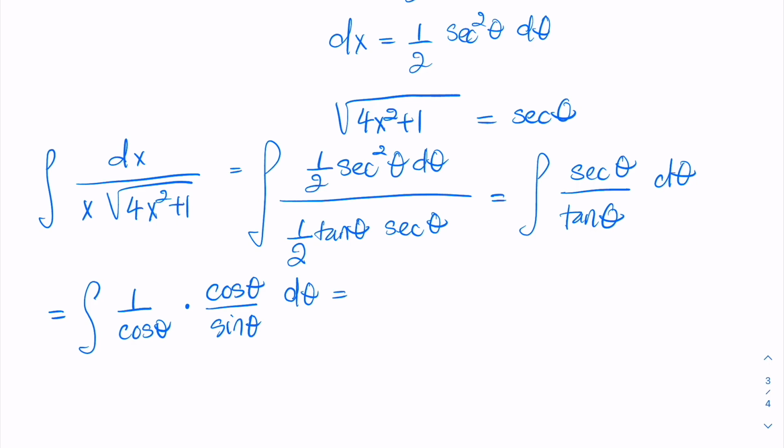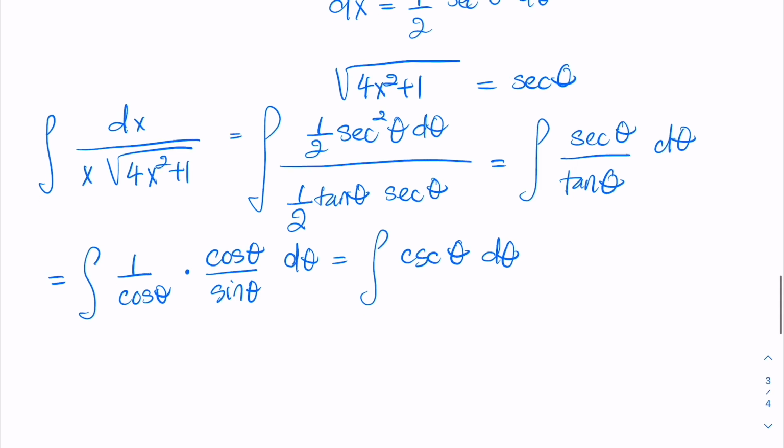So that turned into 1 over sine, which is cosecant theta, d theta. And that's going to be negative ln absolute value of cosecant theta plus cotangent theta plus C.